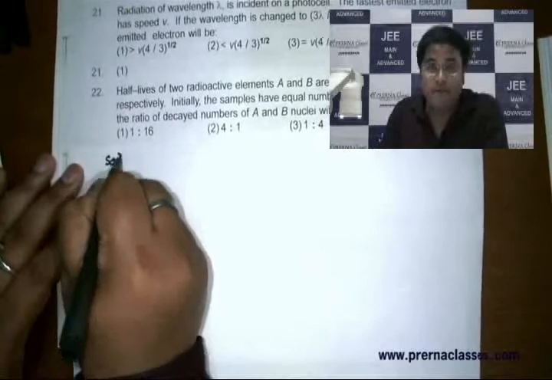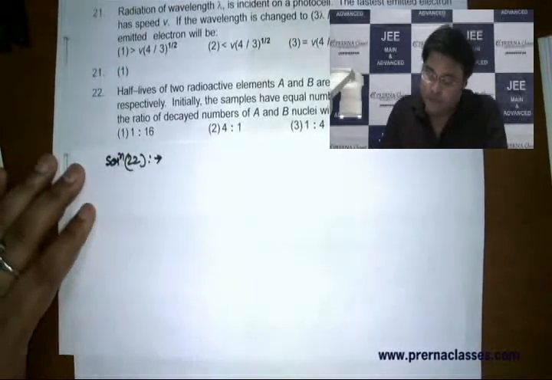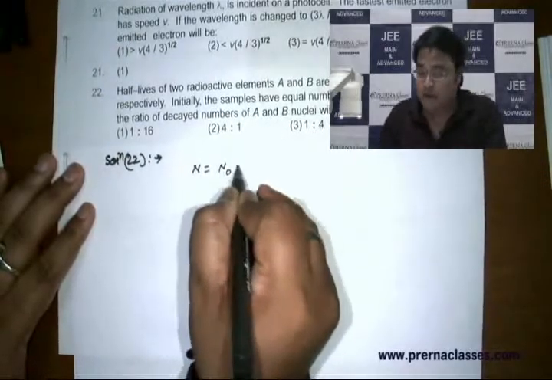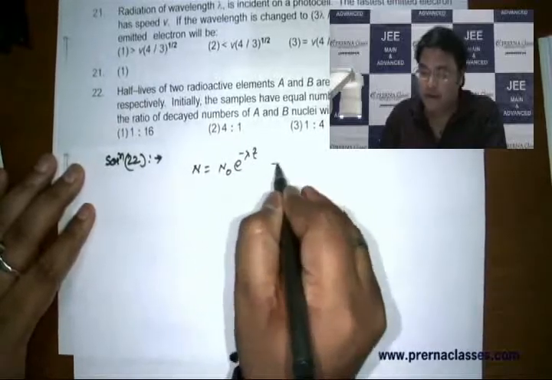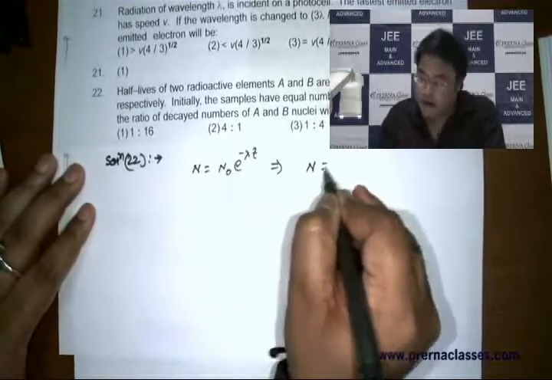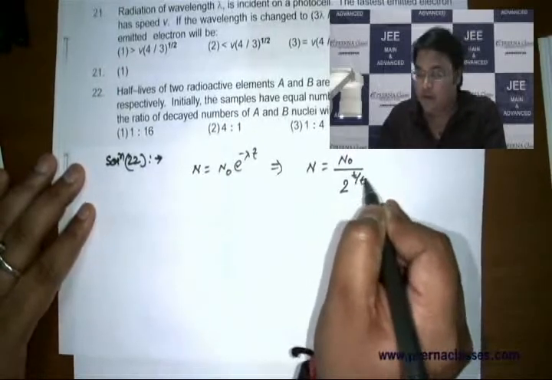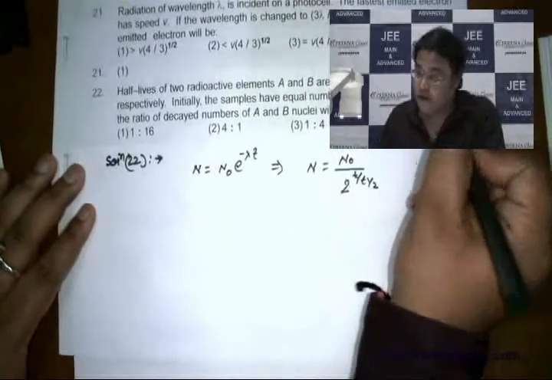Okay, next is question 22. It is based on radioactivity. We have N equal to N naught e to the power minus lambda t, as well as N equal to N naught by 2 to the power t by t half.